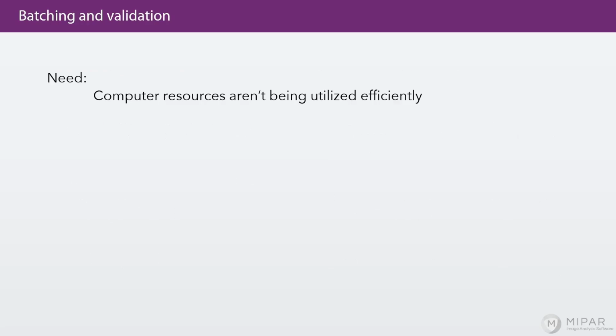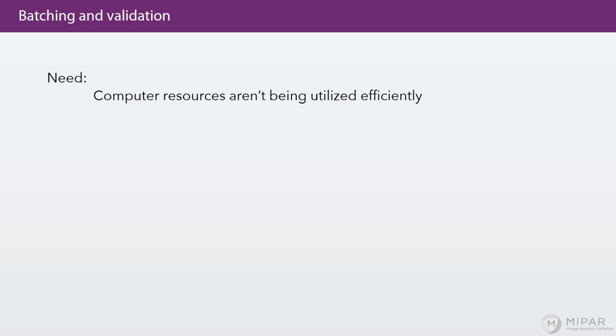The next need we want to address is, what if your computer resources aren't being utilized efficiently? Say the model and the images simply don't use up all the memory on your GPU, and therefore training takes longer than it otherwise might, or the model simply isn't as powerful as you have the ability to make it.